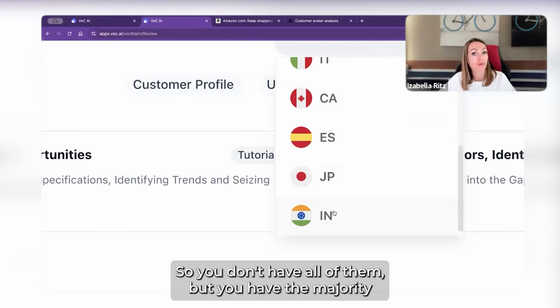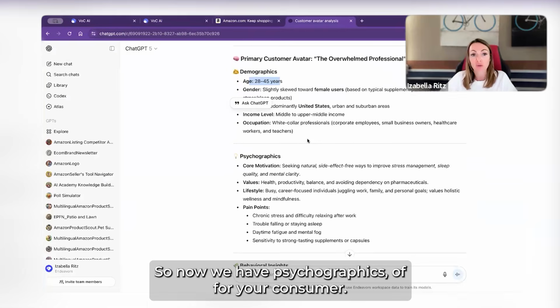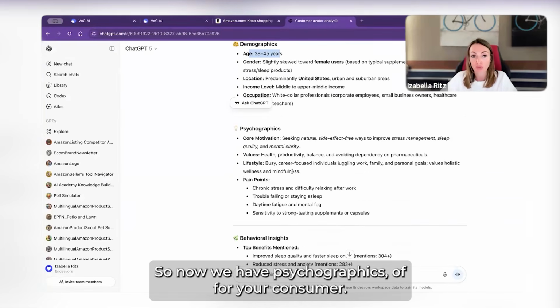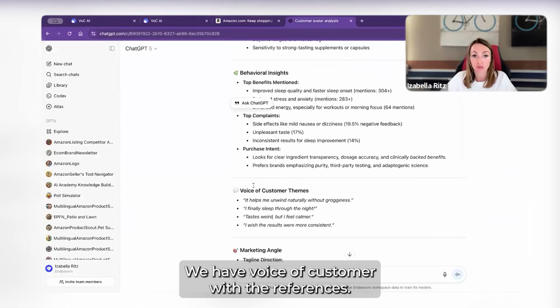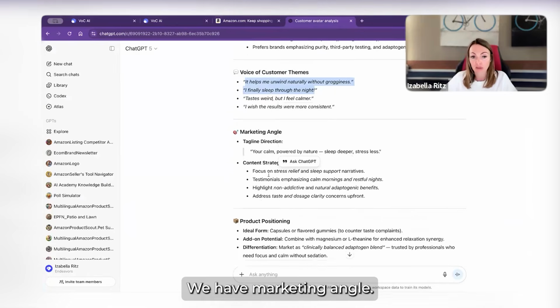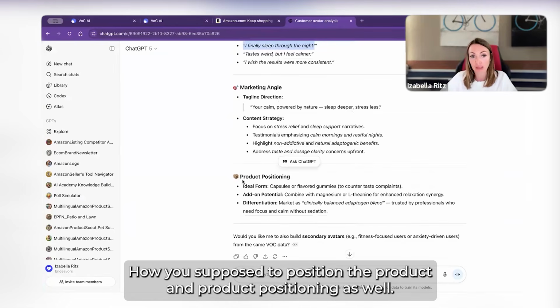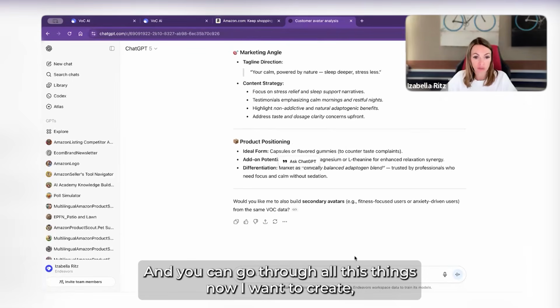So you don't have all of them, but you have the majority of the marketplaces for VOC.AI to analyze Amazon Marketplace. So now we have psychographics of your consumer, behavioral insights, voice of customer with references, marketing angle, how you're supposed to position the product, and product positioning as well, right? And you can go through all these things.